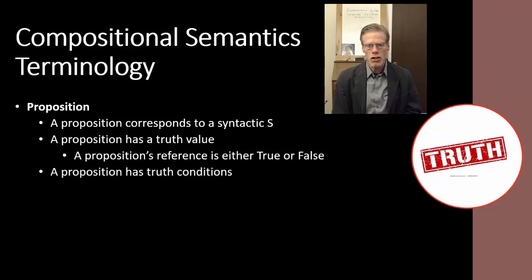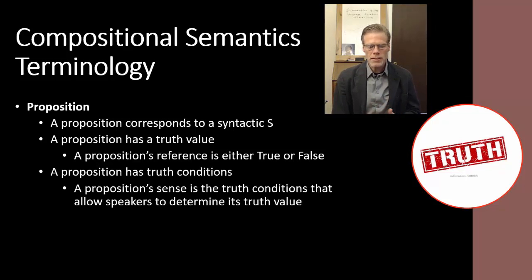And a proposition also has truth conditions, which is its sense. So a proposition's sense is the truth conditions that allow a speaker to determine its truth value. Just as the sense of a word is how we arrive at its reference, the sense of a proposition is how we arrive at its truth value.